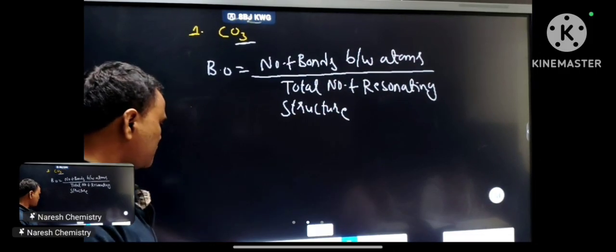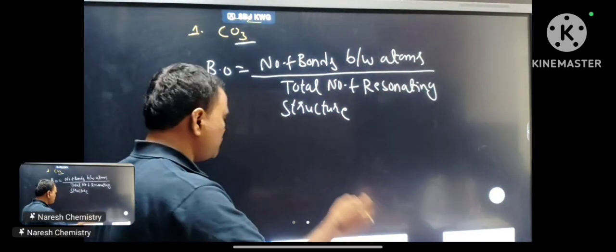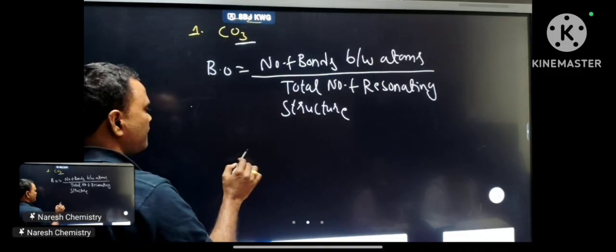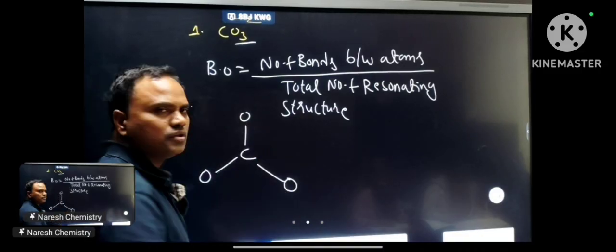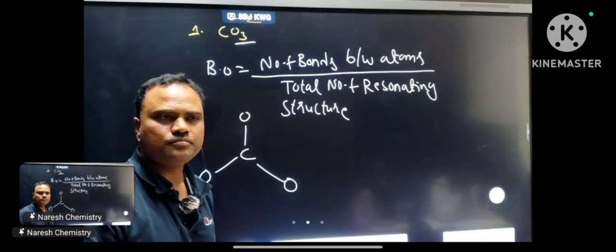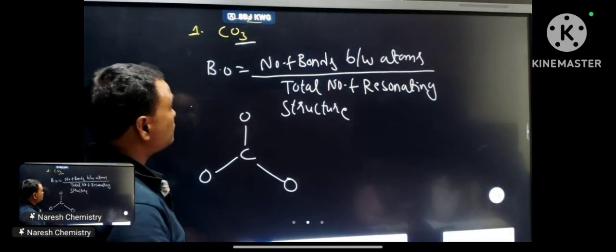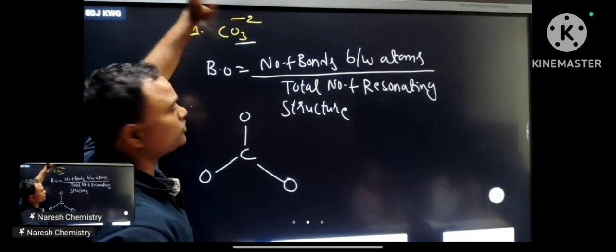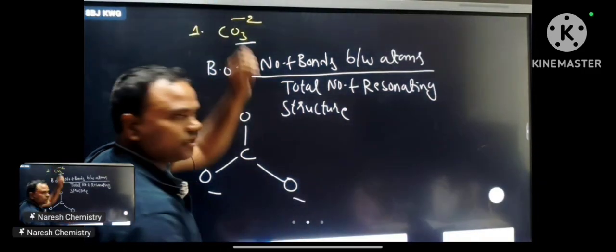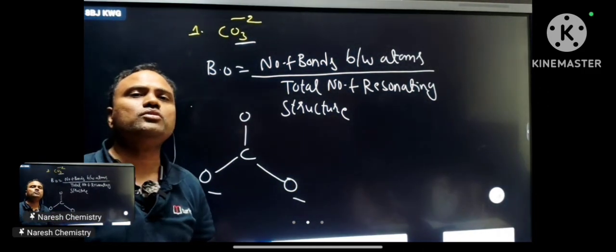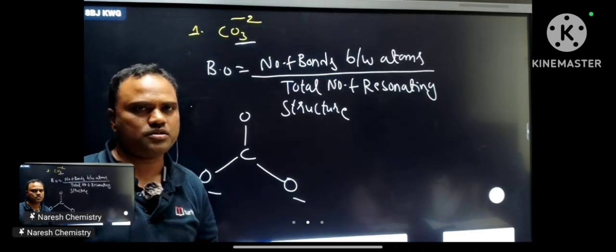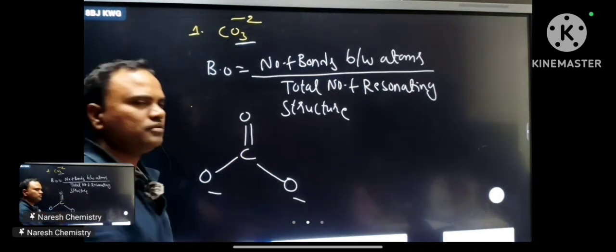Let us draw the structure of CO3 2-. Tell me all of you: carbon, oxygen, oxygen, oxygen. How many negative charges are there? 2 units of negative charge, so negative, negative. I already said before that if oxygen does not get any charge, it will get a double bond.